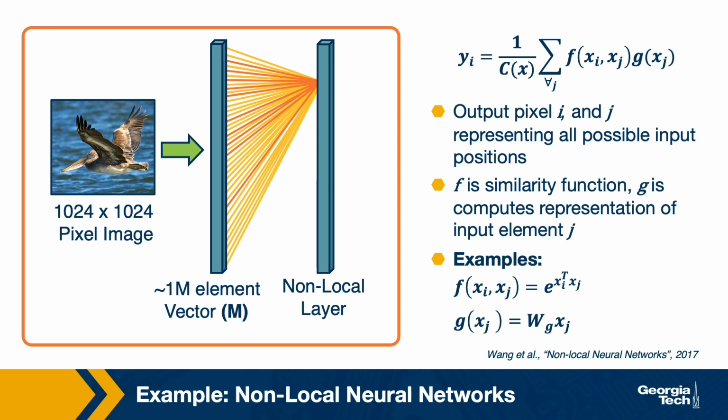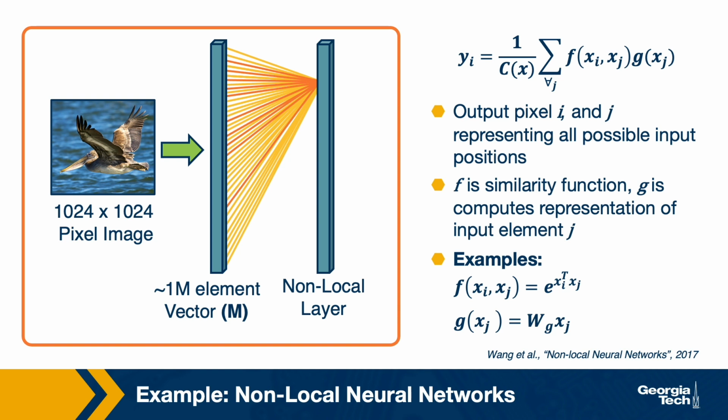And so high values mean that xi and xj are very similar, and low values will mean that they're not that similar. And so the function g of xj, which is just extracting features, again, in just a linear way, you just have a Wg times xj, will be modulated by the similarity function. And so again, the output yi is just the weighted summation across all j's, and the weighting is dynamically computed based on the data. That is, you're computing the similarity function f of xi, xj dynamically.